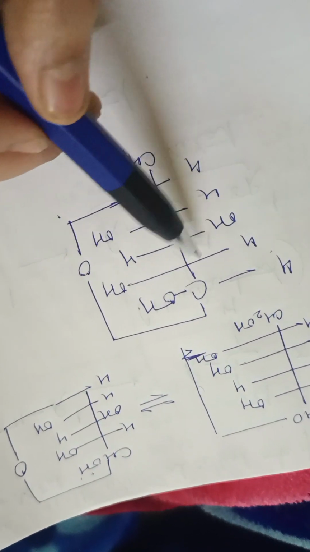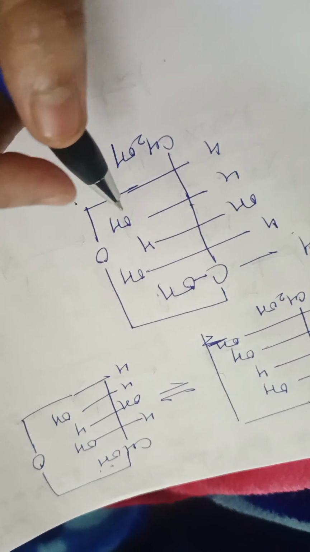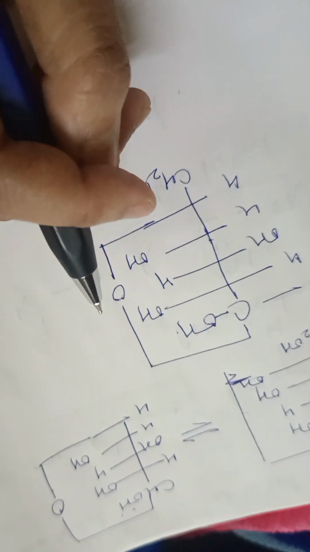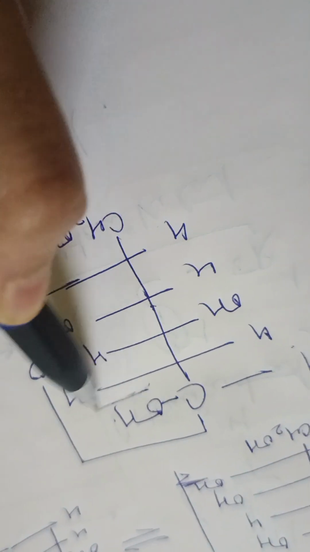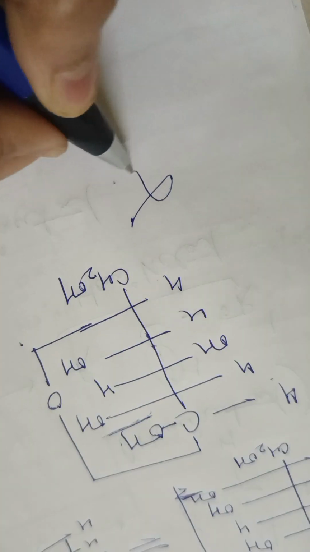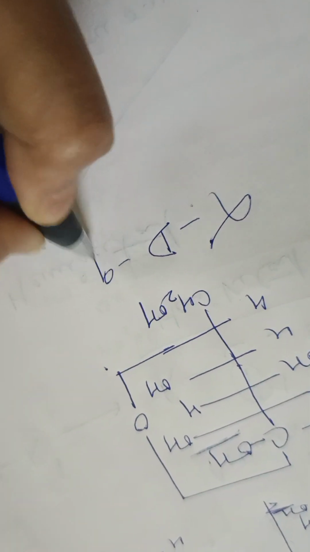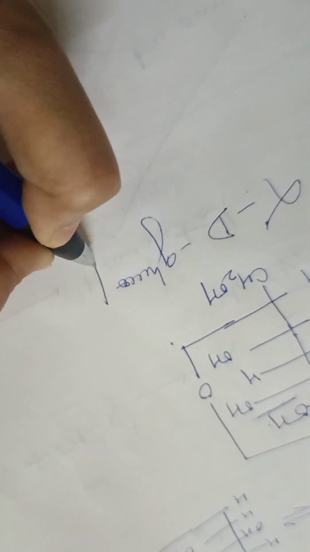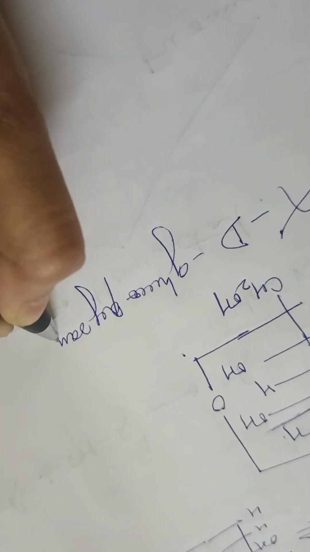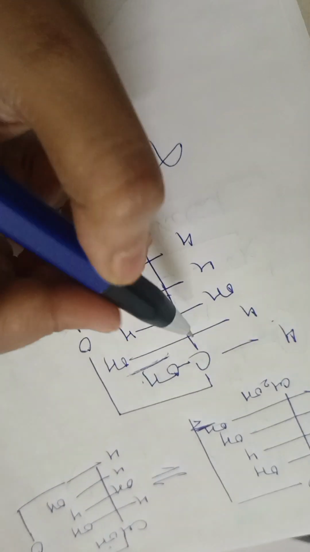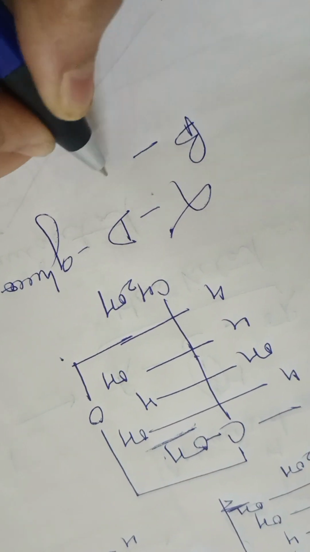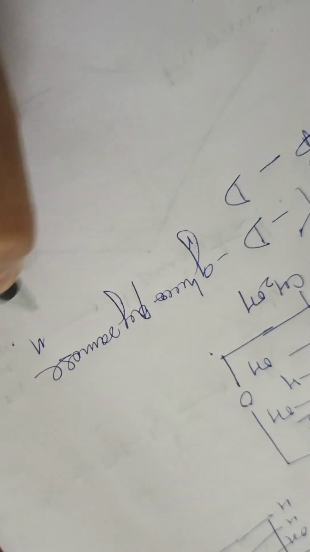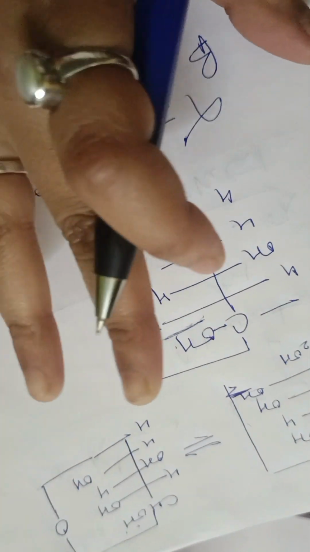So this way you can convert into the pyranose structure. Now if this OH is on the right side, then it is alpha-D-glucopyranose. Understood? If this OH is on this side, if you write it, then it is beta-D. Understood?